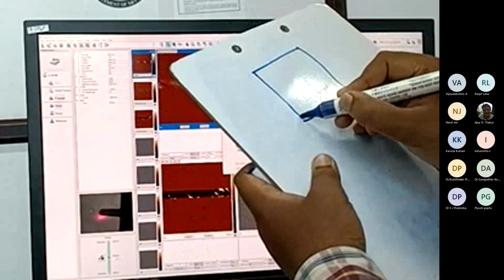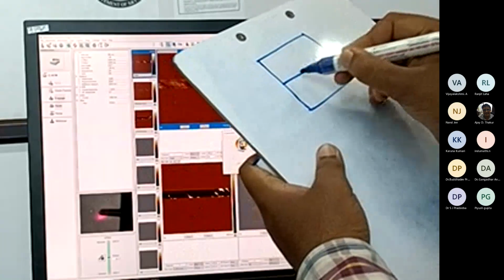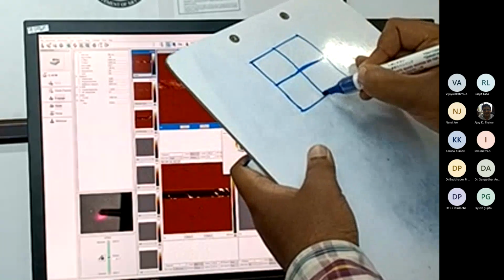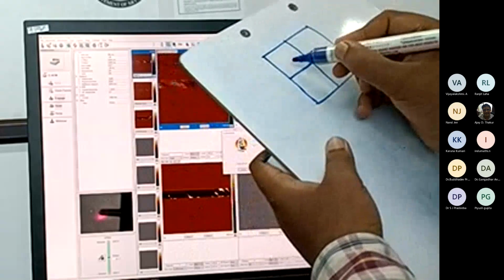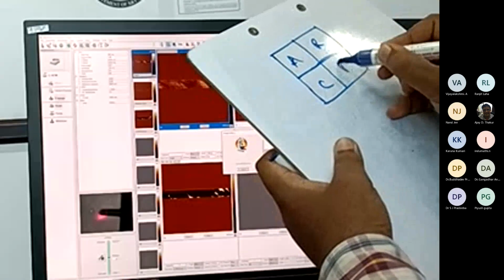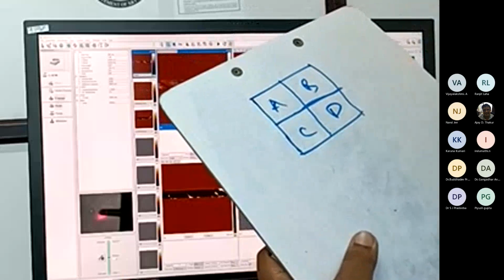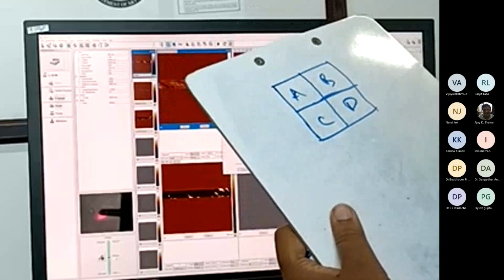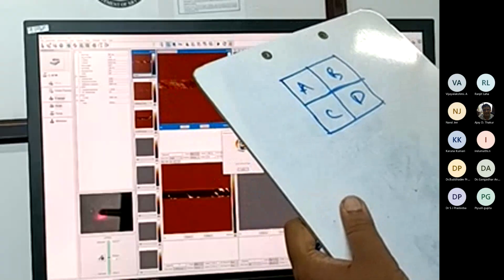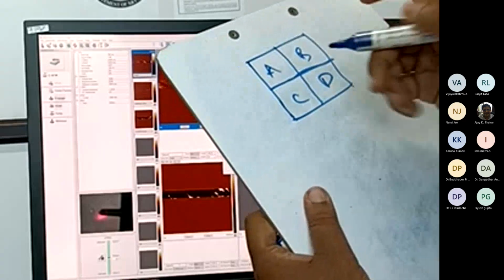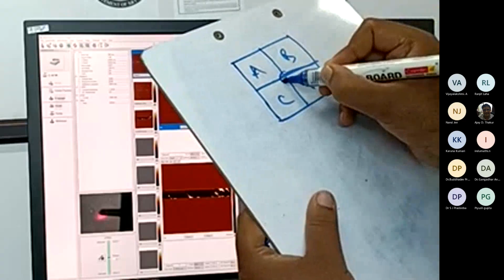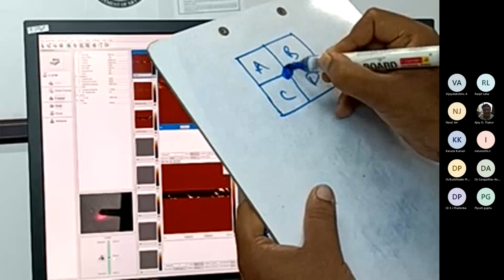It detects the position. It is a 4-quadrant photodetector. There are 4 parts of it, mainly A, B, C, D. When we start scanning, we try to focus the laser beam at the center of this photodiode.